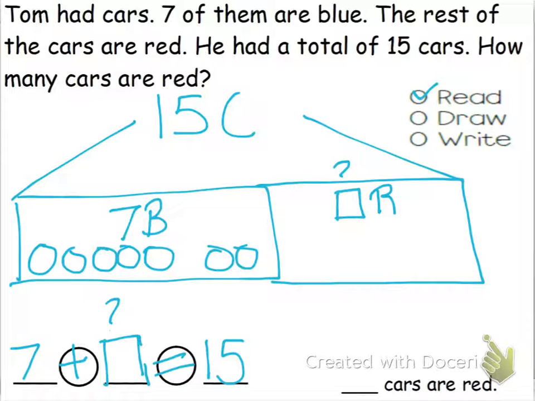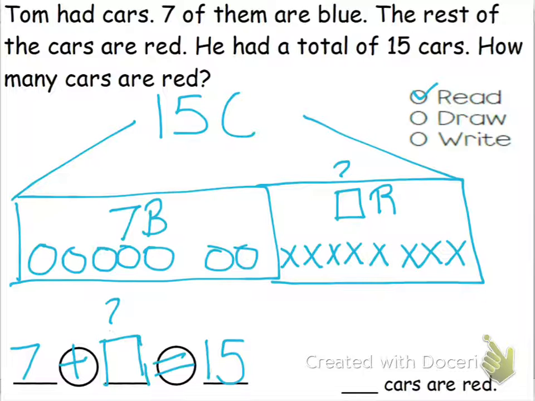I'm going to add a new circle or X, whichever one you're doing, until we get to 15. So 7, because that's how many I have over here. That's my part they gave us. So 7, 8, 9, 10, 11, 12, 13, 14, 15. So now, the amount of X's that I just did should be my missing part.